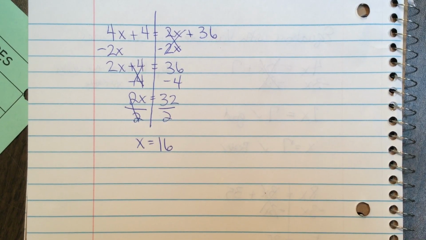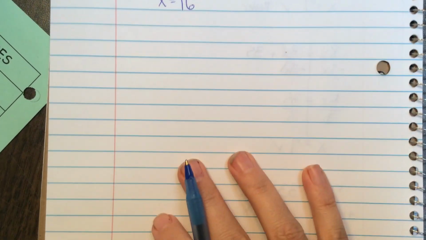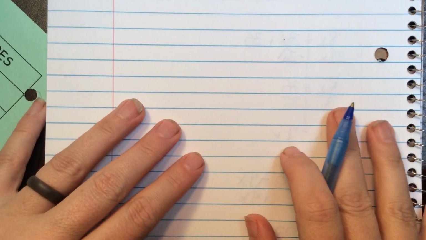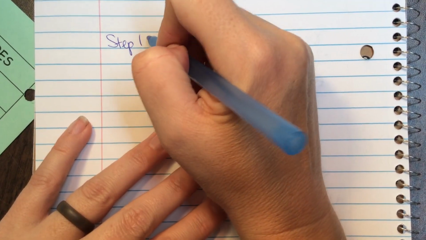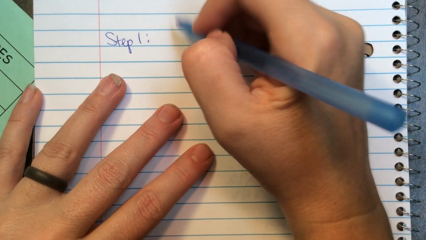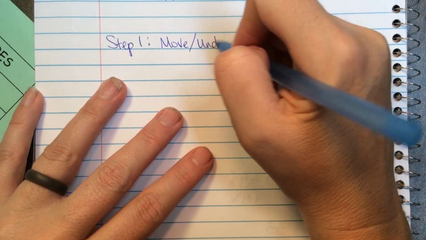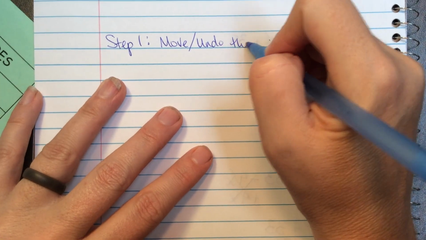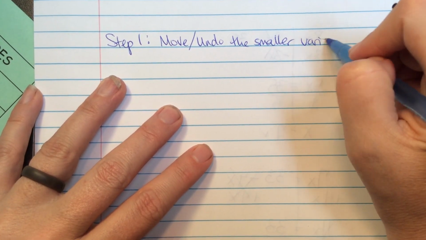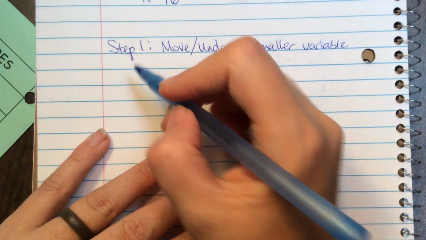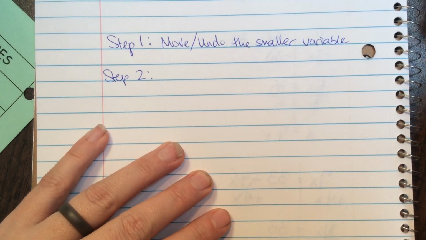So, the basic steps here, let's write them down. These are our notes for a reason. Step 1. Move or undo the smaller variable. Step 2.